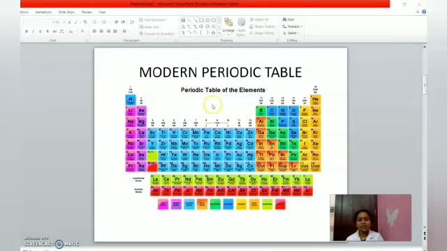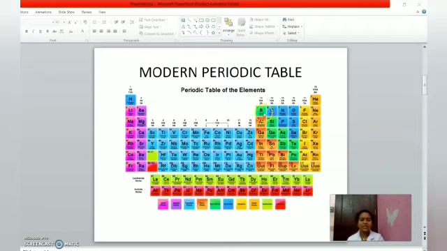If we check this periodic table, the first group of elements are known as alkali metals. The second group are known as alkaline earth metals, and groups 3 to 12 are known as transition elements.